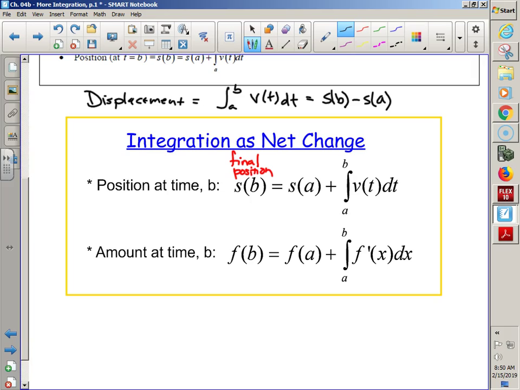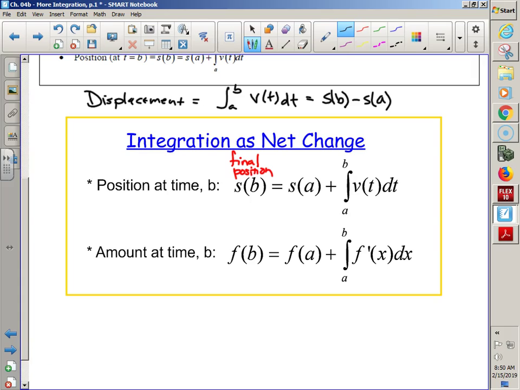How do you go from gallons per year, or from rate, like feet per second, velocity, to original amount or number of gallons or like position? Don't we have to take an integral? So here's the idea. The same way that it tells us an overall change in position, guess what? An integral of the consumption will tell us the change of how many gallons of oil they consume during that time period. Does that kind of make sense?